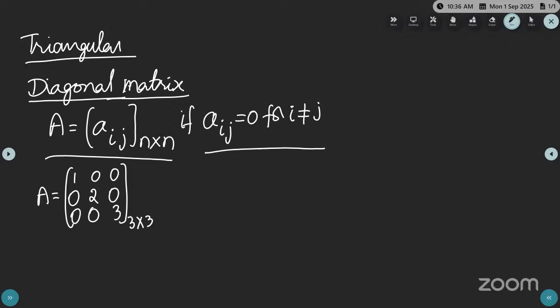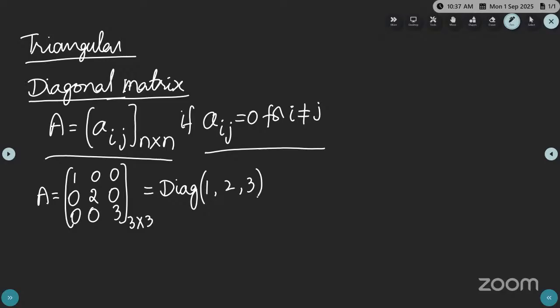So you may write this as diagonal of 1 2 3. This is also one of the representations.